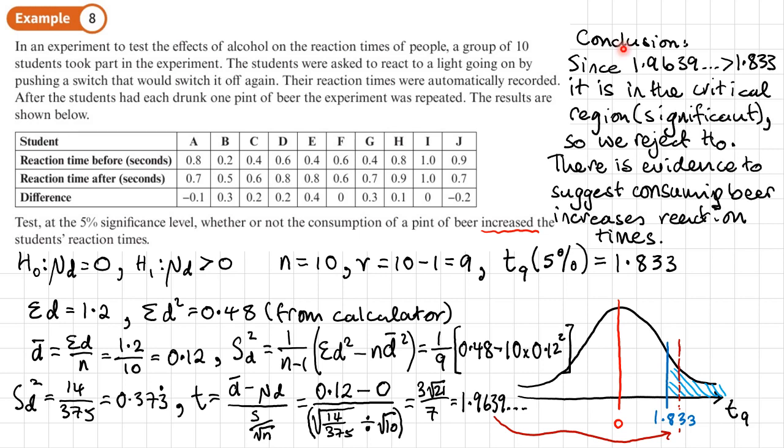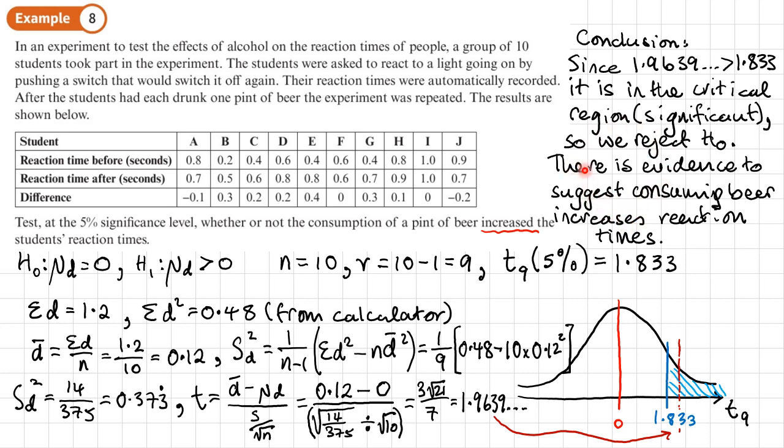Okay, so what I've put, and you can word it slightly differently, since this test statistic 1.9639, this value here, is greater than the 1.833, it's in the critical region, or you could say that it's significant, so we reject H0, you can say there is evidence to suggest consuming beer increases reaction time.